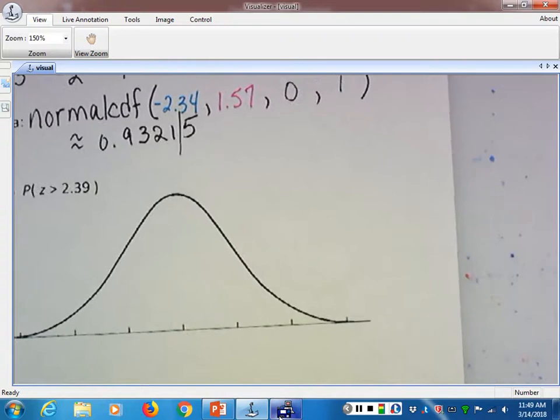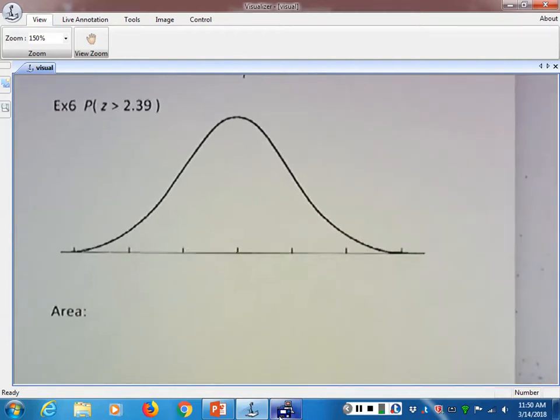So for our last one, I'm going to fold the paper a little bit so I can move it up some. For our last one, we have the probability that Z is greater than 2.39.